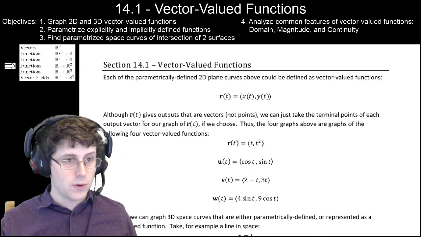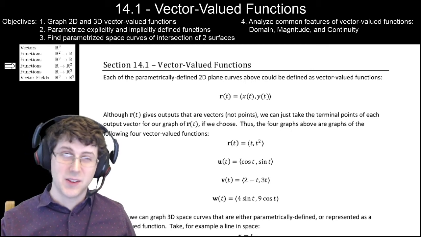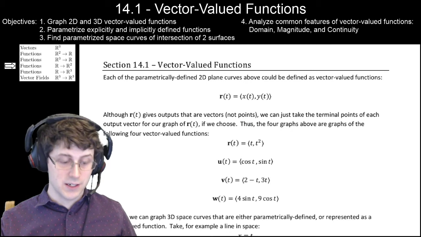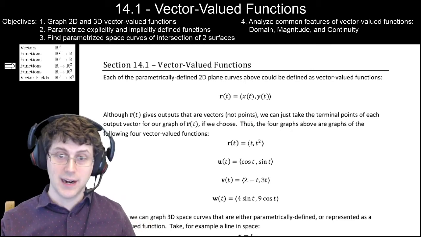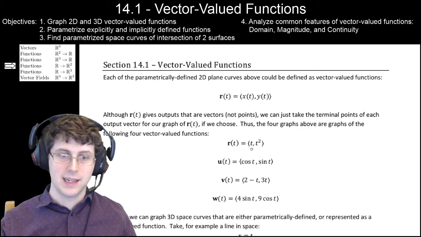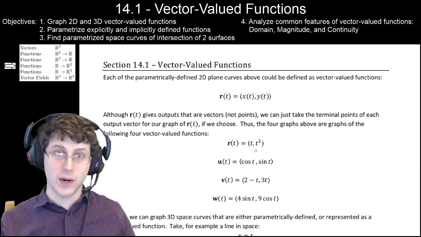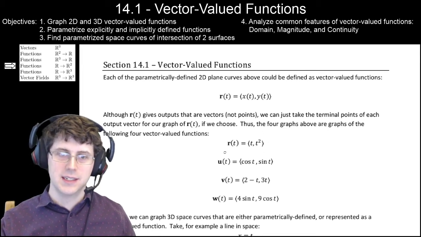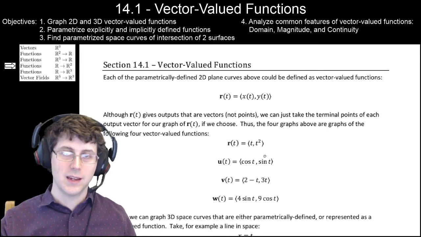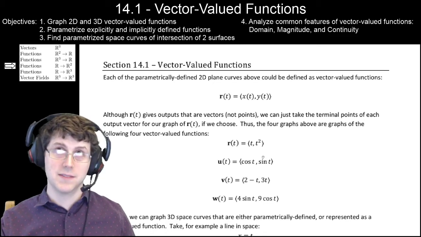Okay. So although r of t gives outputs that are vectors, and so they're not really points, we can't really plot them. Instead, what we do is we draw the vectors starting at the origin, and we take the terminal points of each output vector to graph it. So when I said x equals t and y equals t squared on the previous page, you could write it like this: r of t equals t comma t squared. And we think of that as the same object, just with a different perspective.